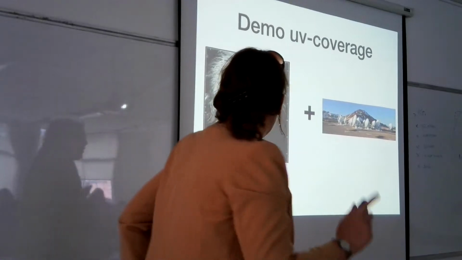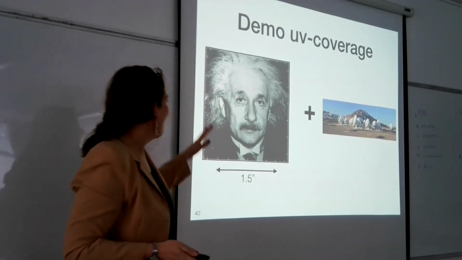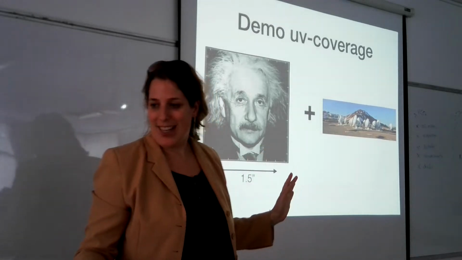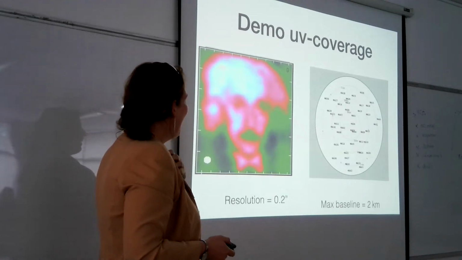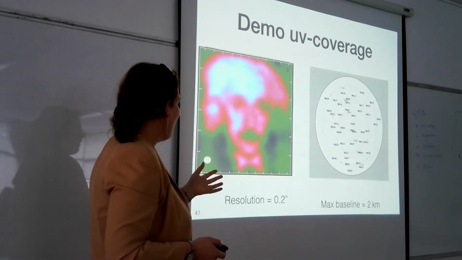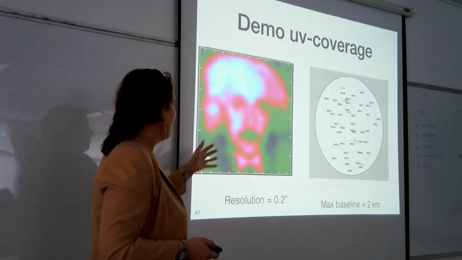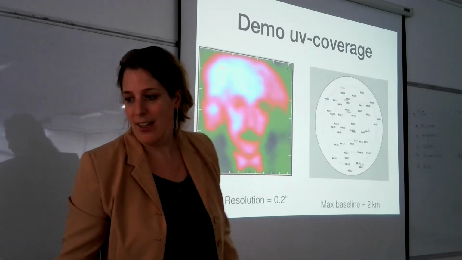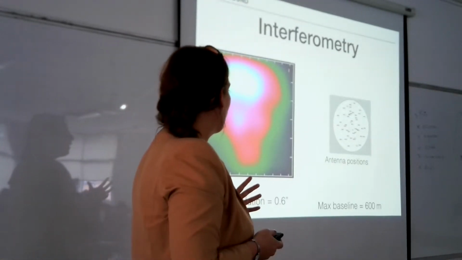Okay. One final example. Sorry, I had a lot of examples, so I figured I'm just going to show all of them. You can take a picture of Einstein and put it through the ALMA simulator. This is with an intermediate configuration, resolution 0.2, so we get a kind of blurry Einstein. Then we go to a very compact configuration.